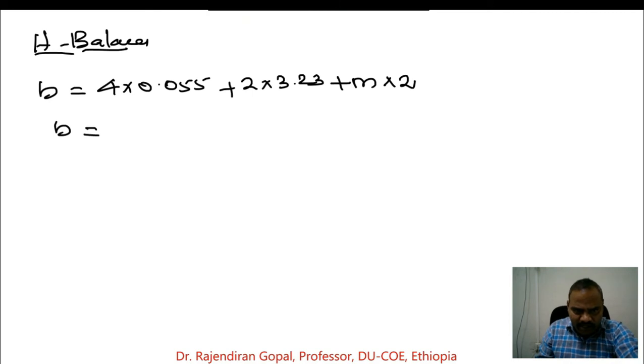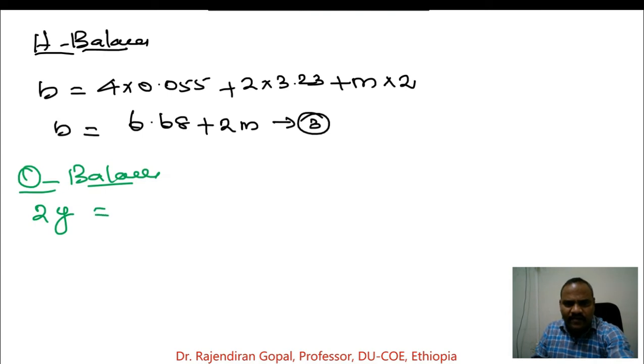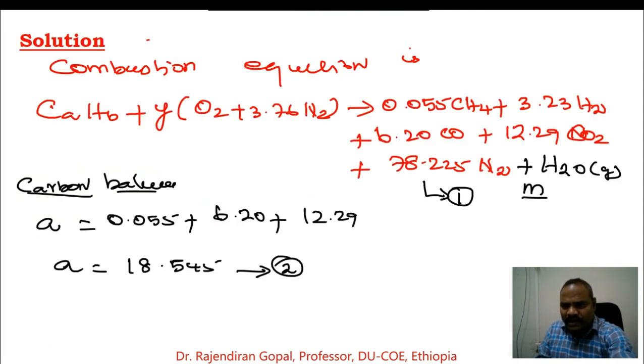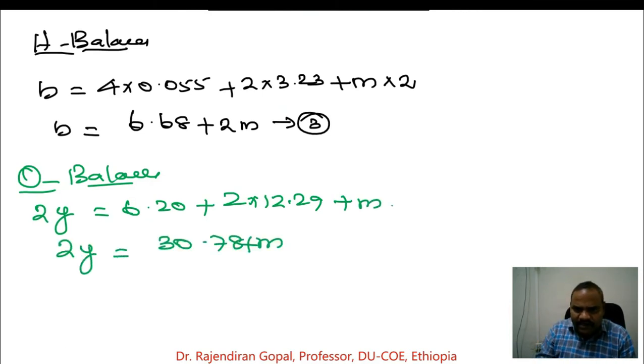When simplifying, we get B is equal to 6.68 plus 2M, equation 3. Now, when you are making an O balance, 2Y on the left hand side is equal to 6.20 for carbon monoxide, then 2 into 12.29 for carbon dioxide plus M. While simplifying, we get 2Y is equal to 30.78 plus M.